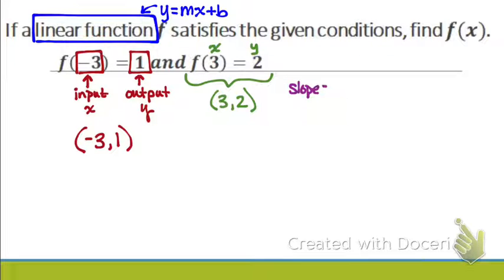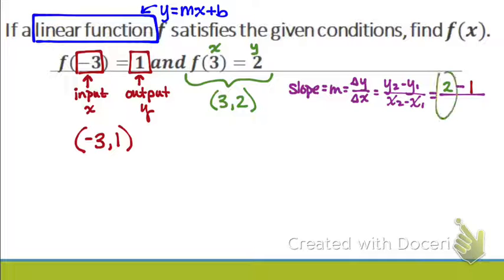Change in y over change in x. y2 minus y1 over x2 minus x1. All right, so I need to subtract my y's. What goes first then? 2. So 2 minus 1.